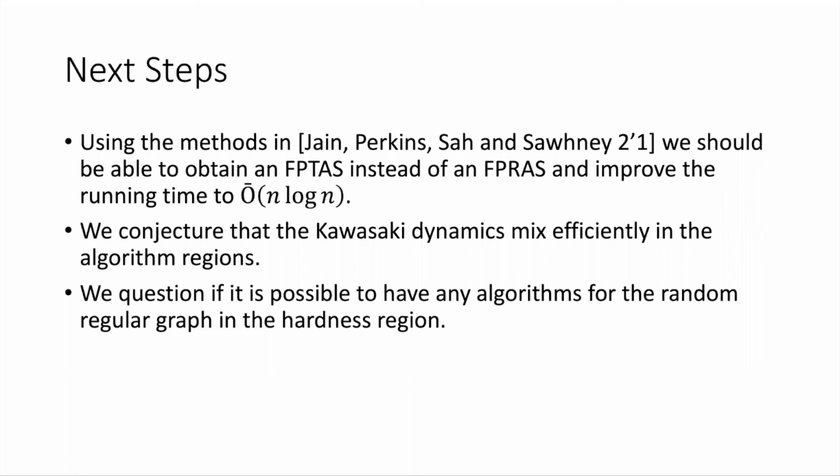We also conjecture that the Kawasaki dynamics, which I didn't really have time to explain, mix efficiently in the same region, that is, the region where we have an algorithm for the fixed magnetization Ising model. And we wonder whether it is possible to have an algorithm for the random regular graph, which is probably a very well-behaved graph, in our hardness region, which would not contradict NP not equal to RP, but would perhaps demonstrate an interesting special case.